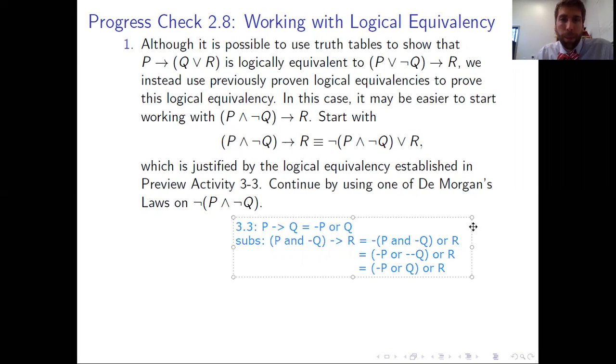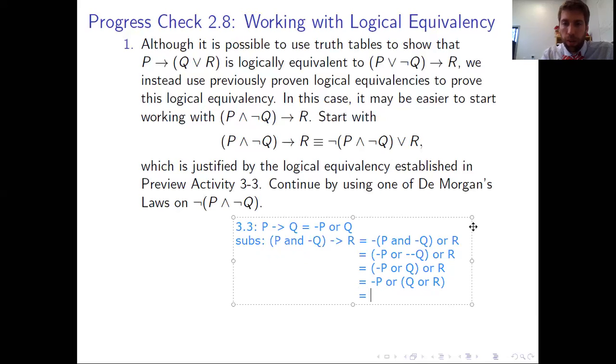I want to get that P, and I'm using ORs, and ORs are associative. So then I've got not P or Q or R.